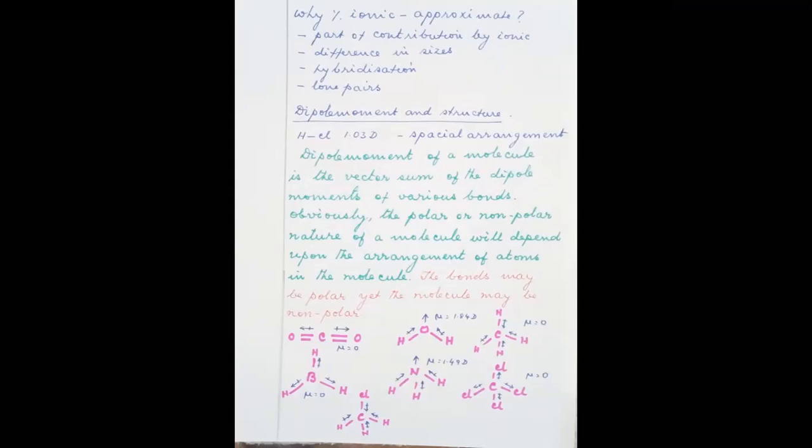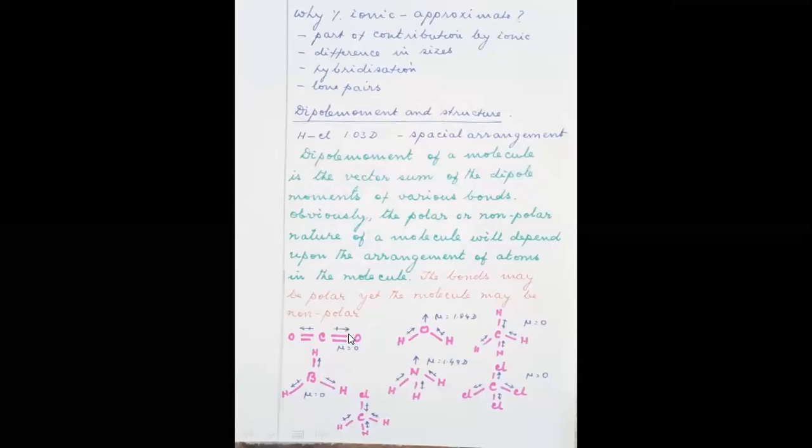Obviously, the polar or non-polar nature of a molecule will depend upon the arrangement of atoms in the molecule, which means that the bonds may be polar and yet the molecule may be non-polar.